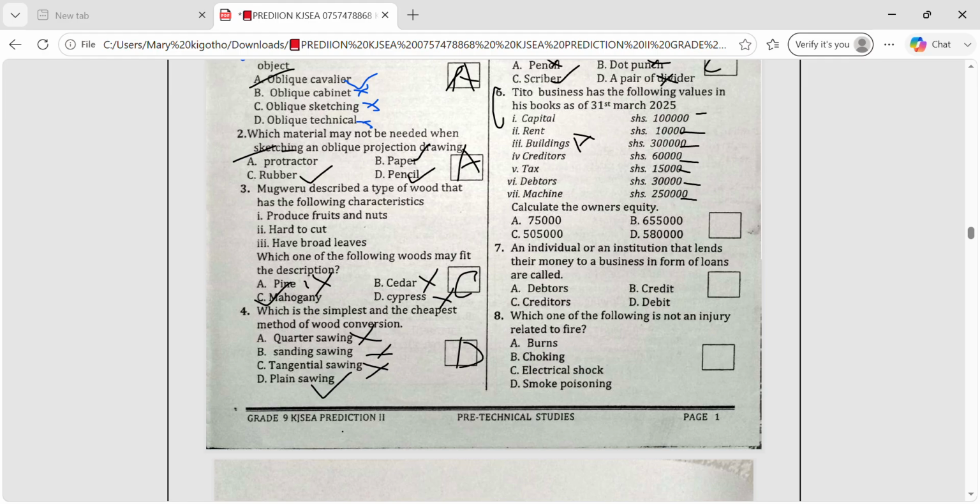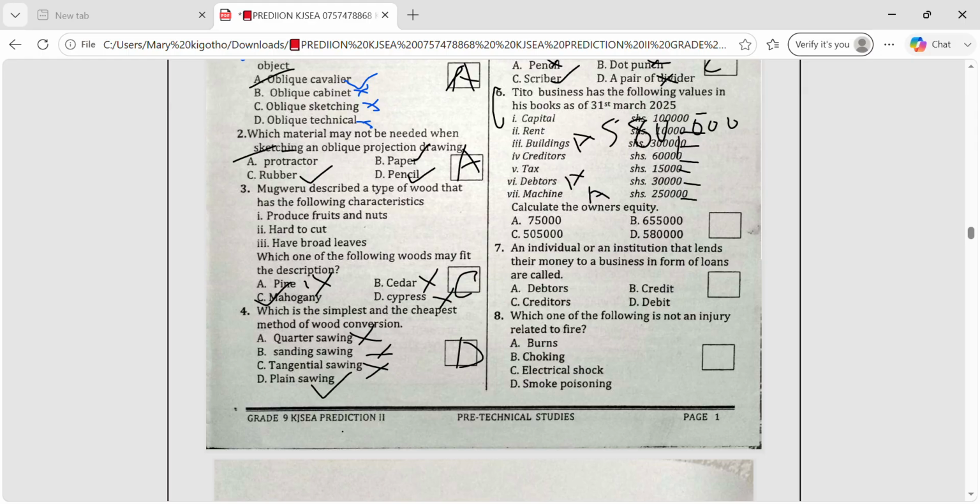We have debtors, that's an asset. We have machine, that's an asset. So you add that. When you add the assets, you should get a total of 580,000.